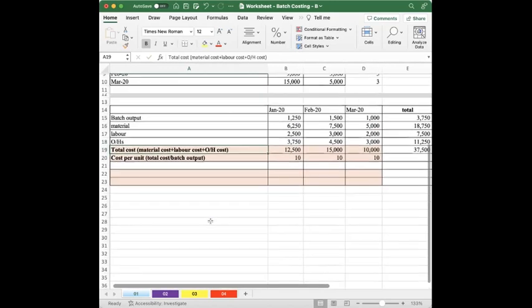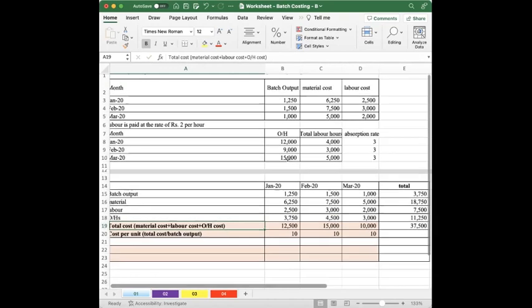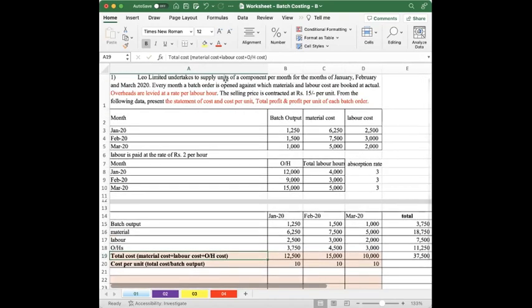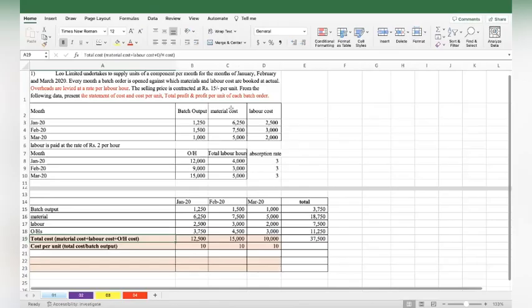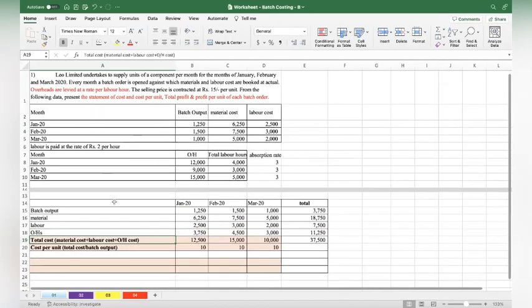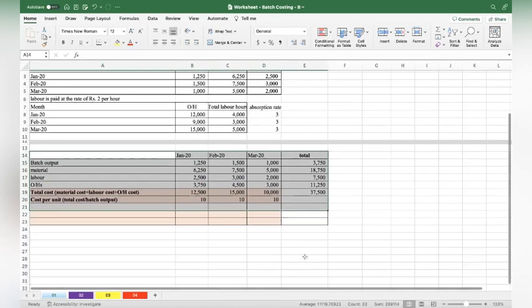Cost per unit, we took the total cost and divided it by the batch output, right? Now we did the statement of cost. Next we did the cost per unit. Now properly refer to this from the beginning, this bit, and see whether you understood. Redo it again and see whether you got the idea what exactly we did there.